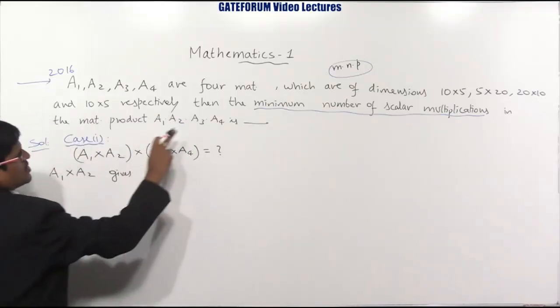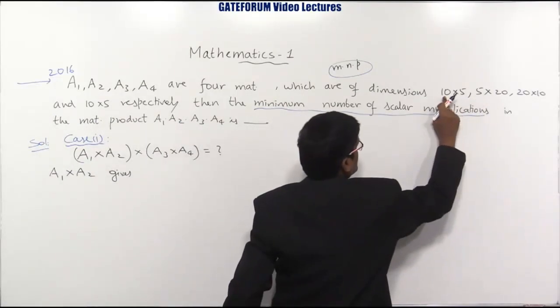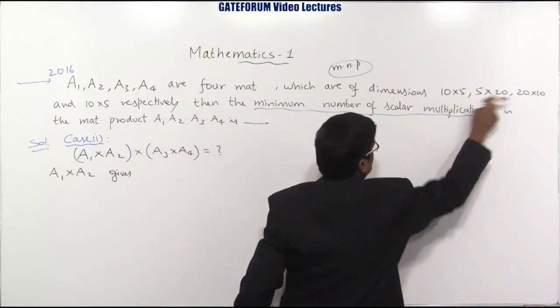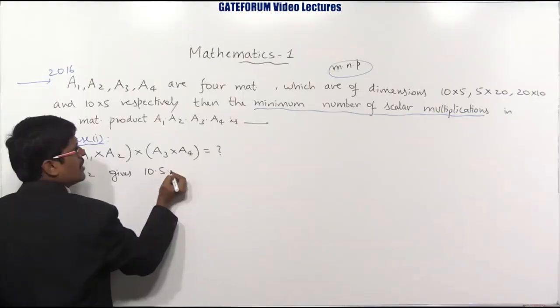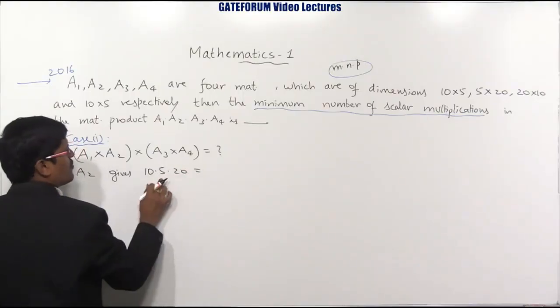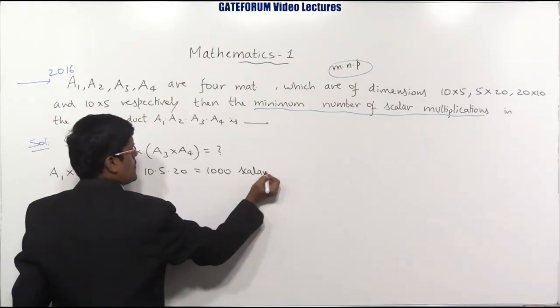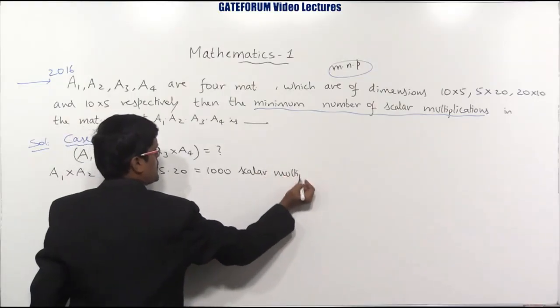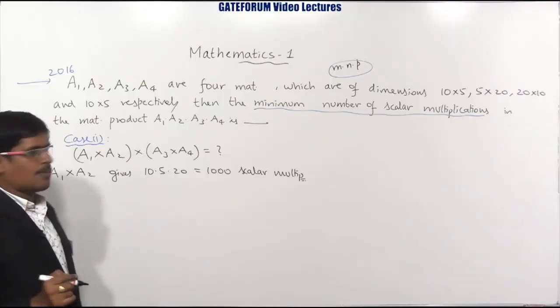So here A1 is 10 cross 5, A2 is 5 cross 20. M, N, N, P. So it gives 10 into 5 into 20, so 50 into 20, that is 1000 scalar multiplications. So step 1 gives 1000 scalar multiplications.